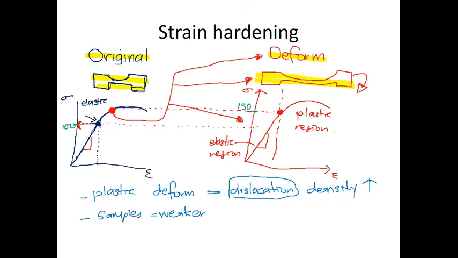So the stress value for the deformation sample is higher than for the elastic sample. It means that even though the sample undergoes plastic deformation, a permanent deformation, this structure is not considered weaker, but stronger. Can you see?